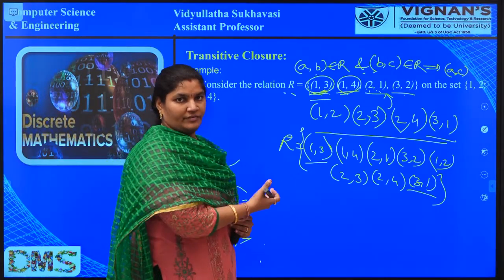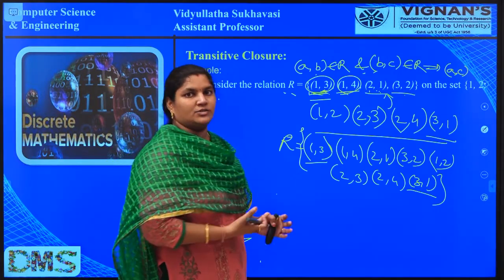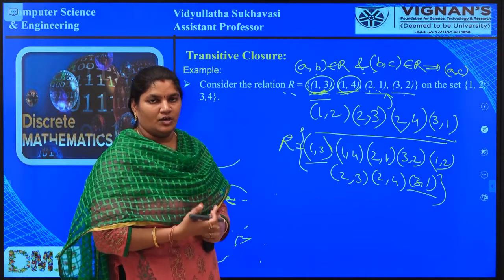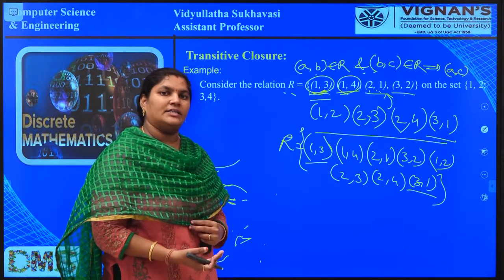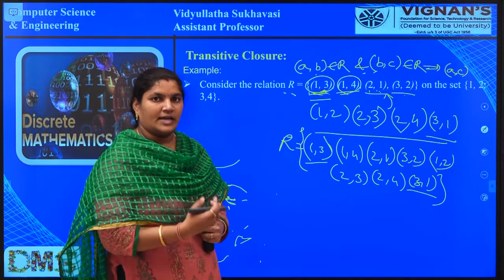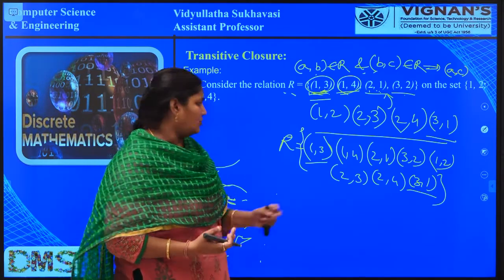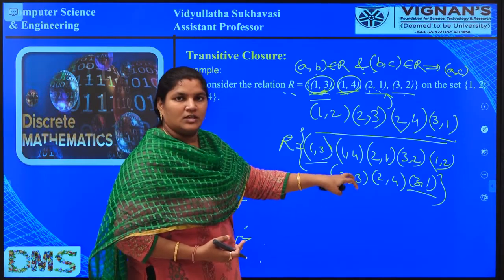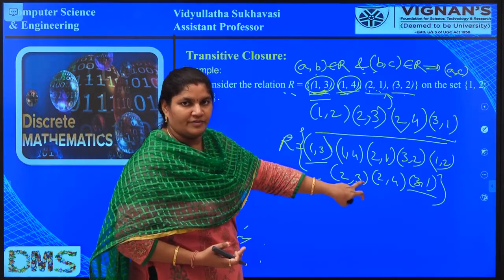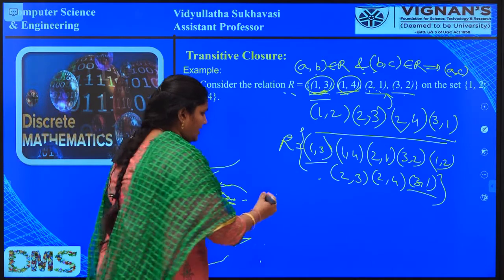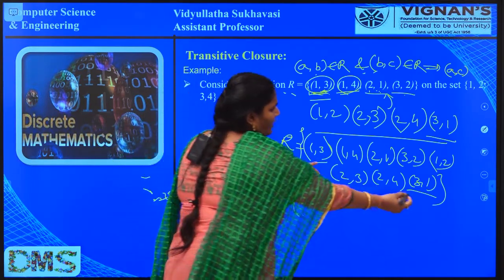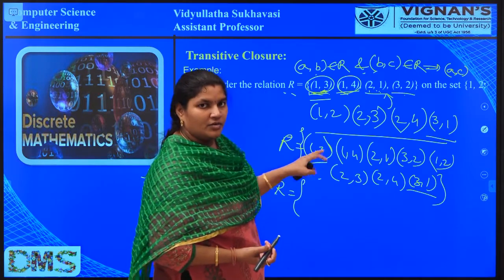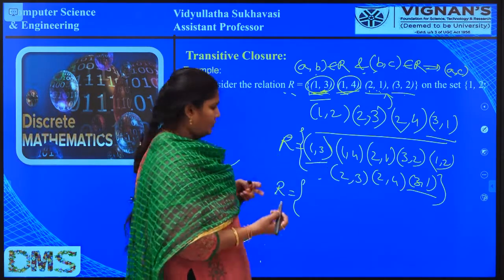That means we should understand that it is not satisfying the transitive property even after adding the pairs. Again we need to do the transitive closure by applying it to this. So we need to apply the transitive property again for this relation R. See here, for these two ordered pairs we get 1, 1, which should be added.